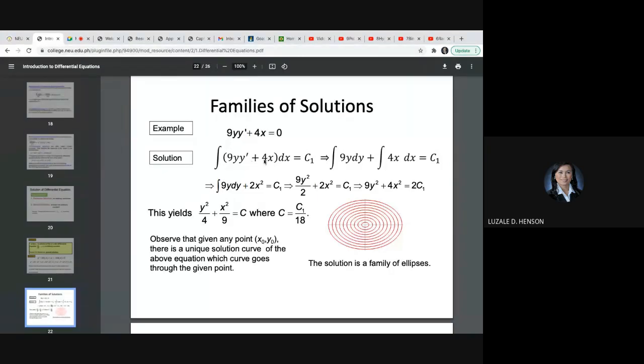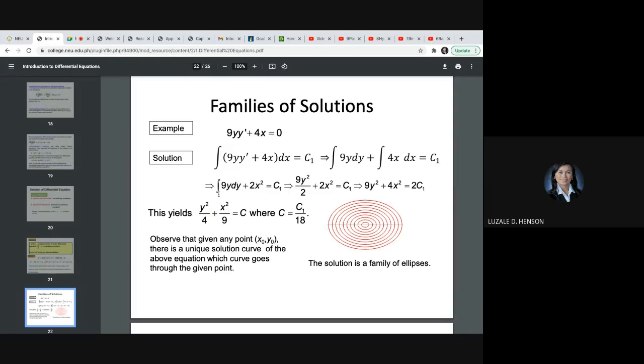What is the integral of 4x dx? Ayan. Kaya ito, pag i-distribute mo yung integral sign, meron ka ngayong 9y, dy dx times dx, edi dy na lang. Ito naman, the integral of 4x dx is 4x. Okay? So, equated to c sub 1.